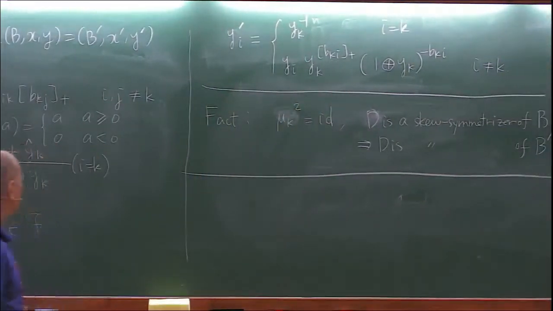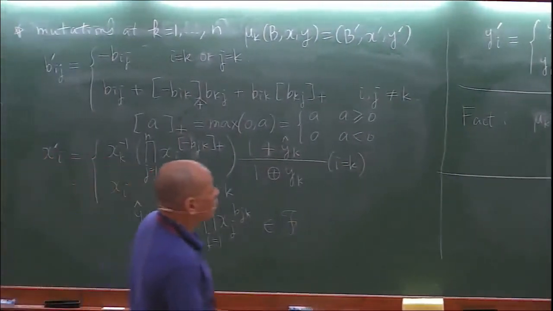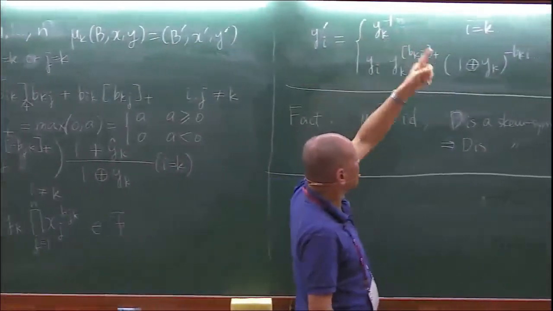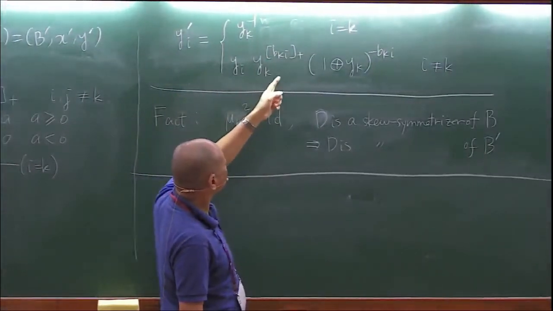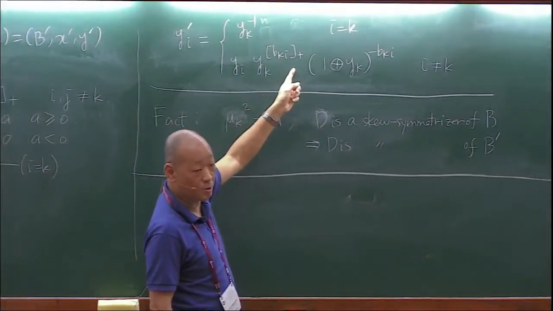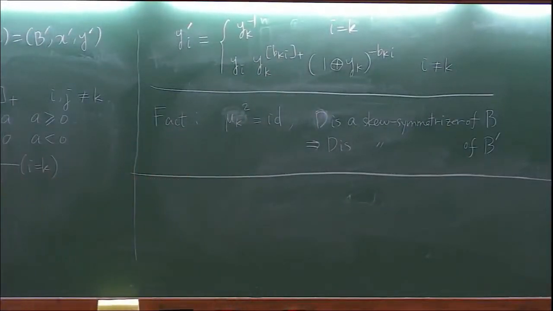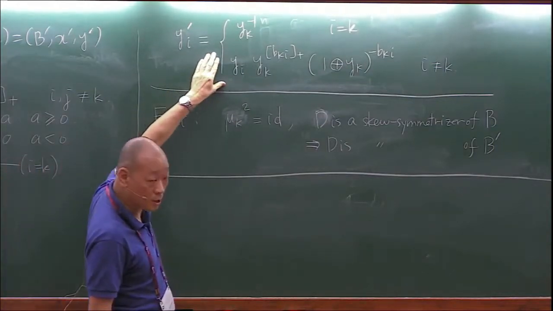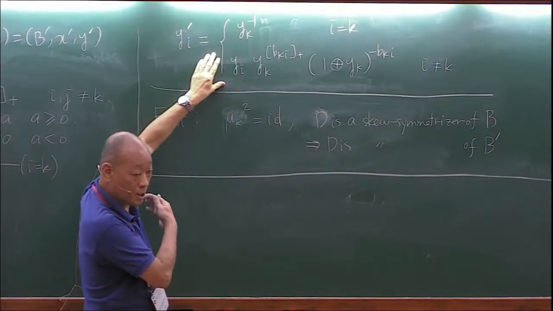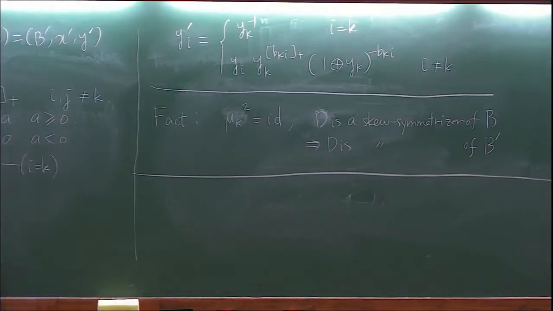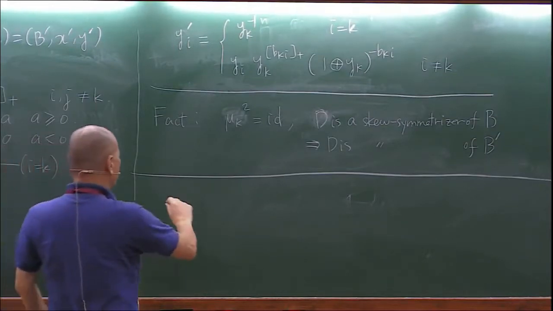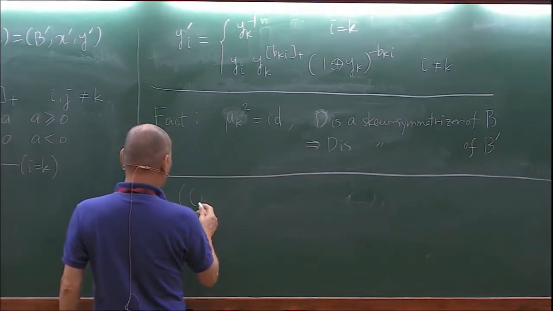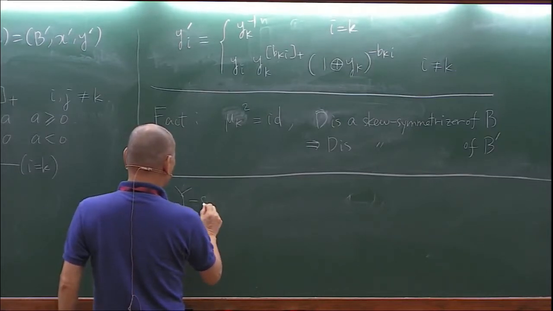The next observation is that Y itself is defined by this, which doesn't include any X variable, of course. On the other hand, the X variable mutation also involves Y variables here and here. So you can define the Y variable mutation independently of the X variable, but you can't do it the opposite way. From this, you derive a simpler notion called a Y-seed.